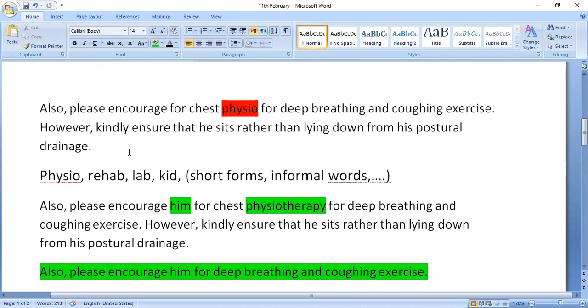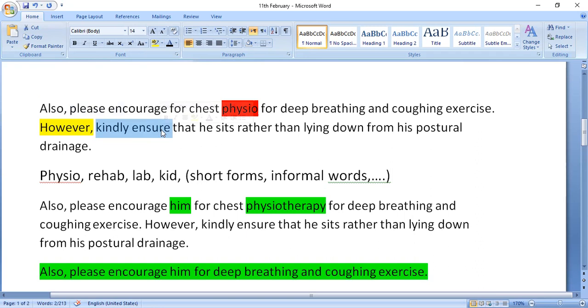So first of all, let us look at this word, "however." Okay, "please encourage" and "please ensure." Is there any opposite relation between these two pieces of information?